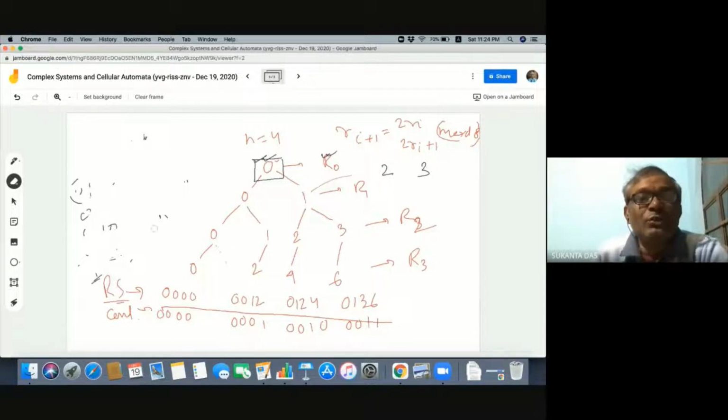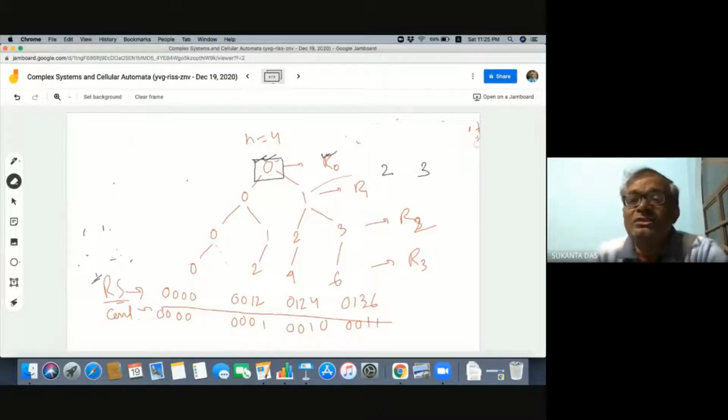What I want to tell you now is that when I get an RMT sequence, we can associate one configuration with that RMT sequence. Actually, we want to associate. How can we associate this?